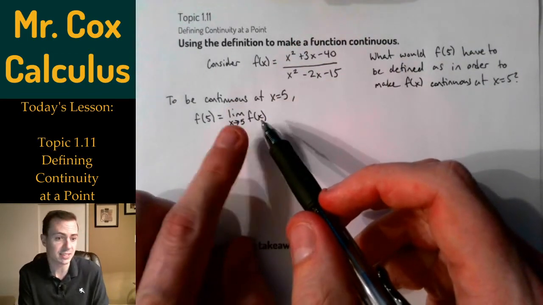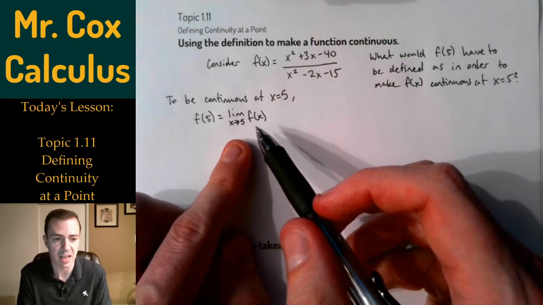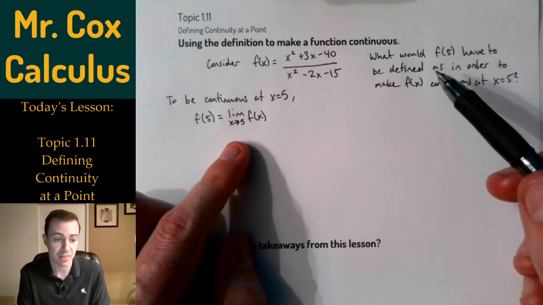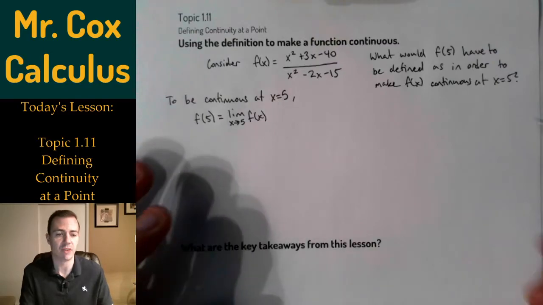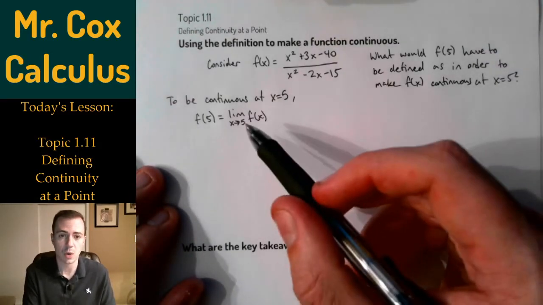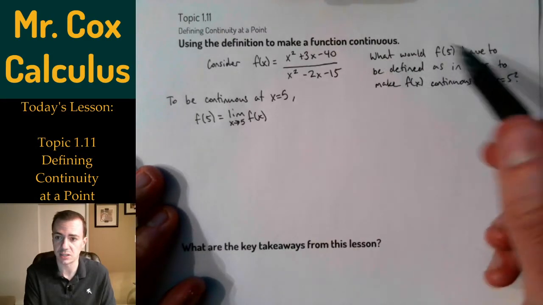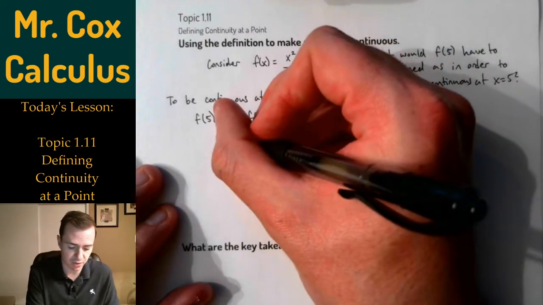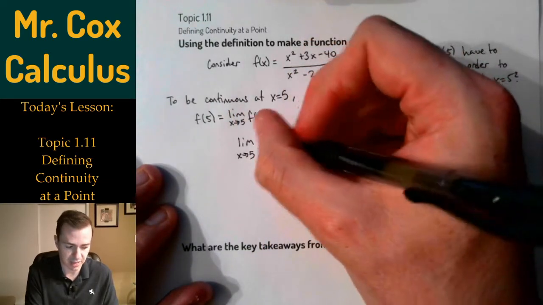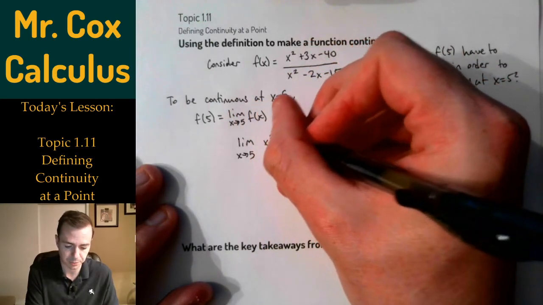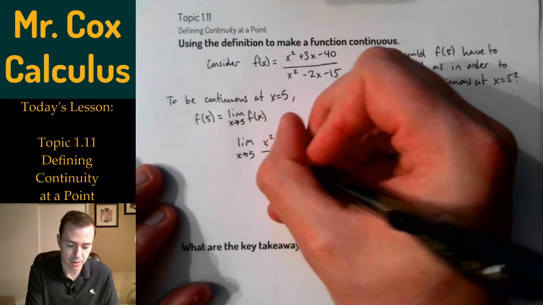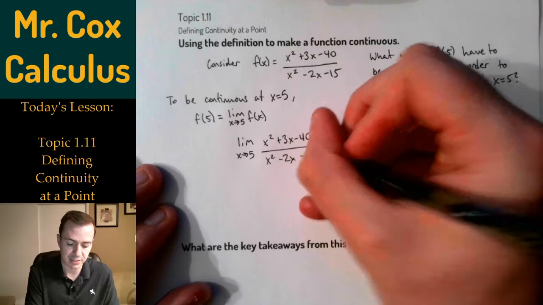So if this exists and is equal to some value, then the answer to this question would be that same value. That's what I would need to define f of 5 as to make the function continuous. And so the answer to this question is whatever value I get for the limit as x approaches 5 of x squared plus 3x minus 40 over x squared minus 2x minus 15.